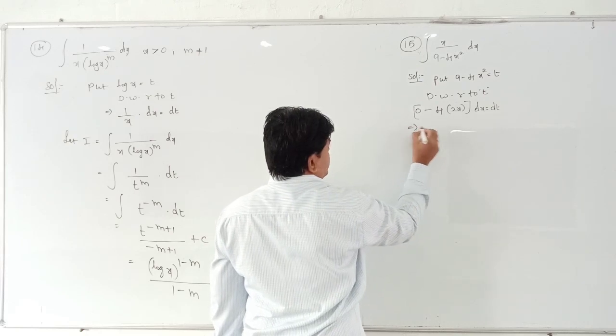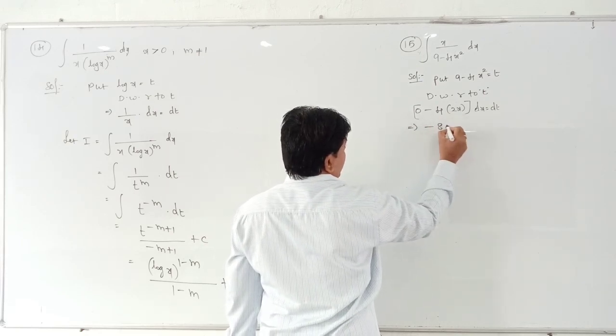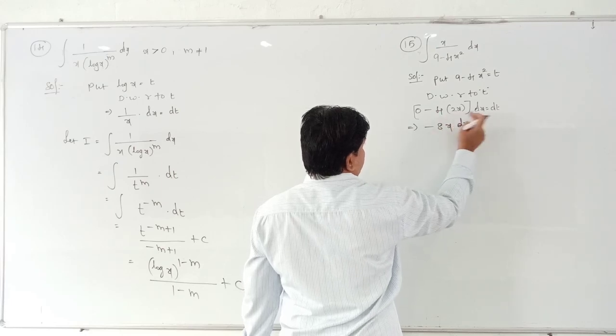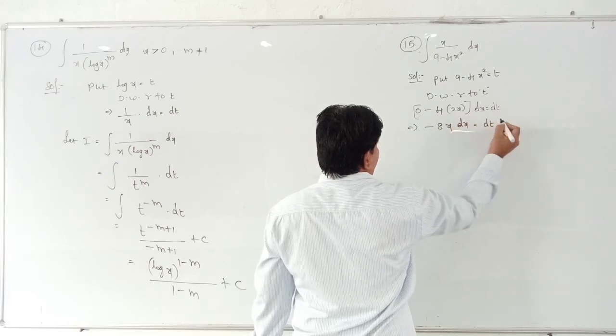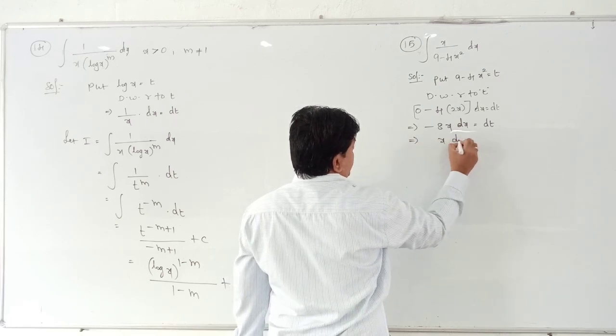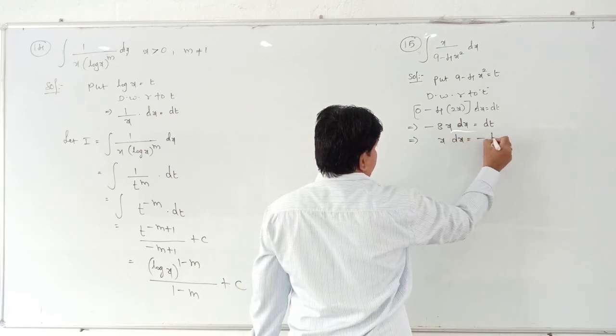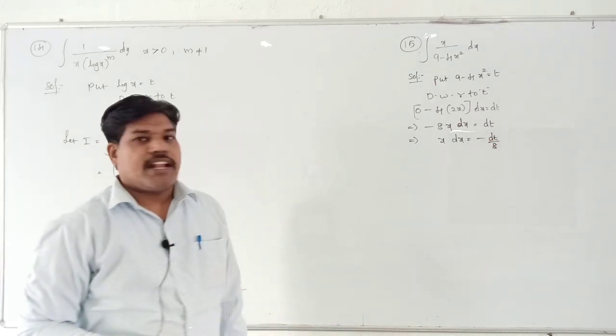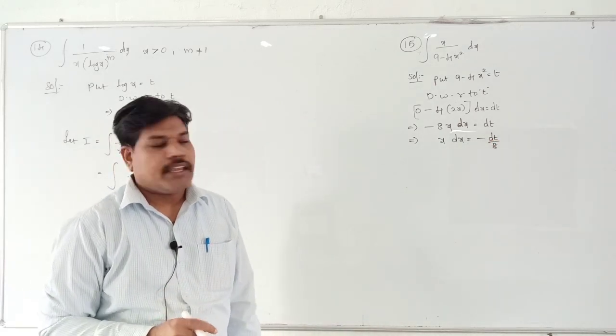So that implies minus 8x into dx is equal to dt. So that implies x into dx is equal to minus dt by 8. x into dx value is minus dt by 8.